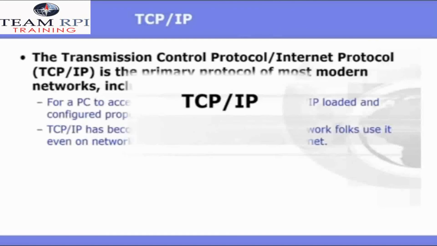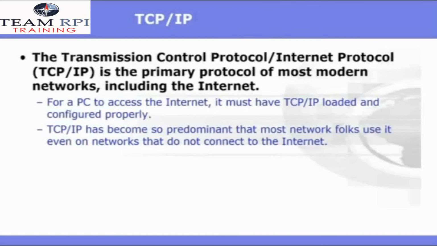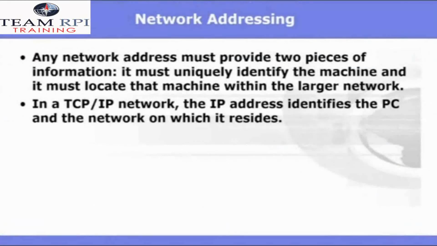Next, we'll talk about TCP/IP. The Transmission Control Protocol/Internet Protocol, or TCP/IP, is the primary protocol of most modern networks. This is the way the Internet works. At the heart of TCP/IP, it all starts with your network address.